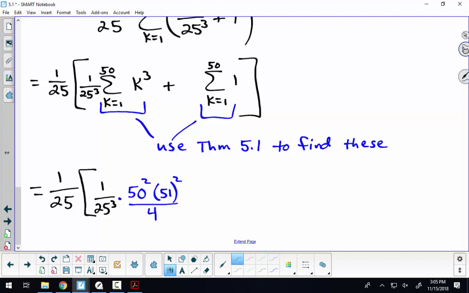And then plus, what's the sum from 1 to 50 of 1? Yeah, it's just 50. So that's how we would do it by hand, and at this point we can type out that value.